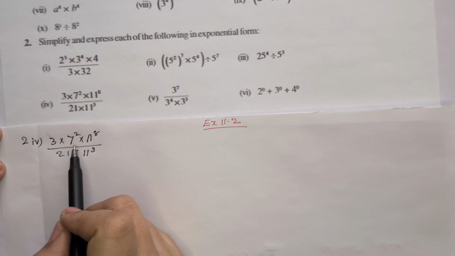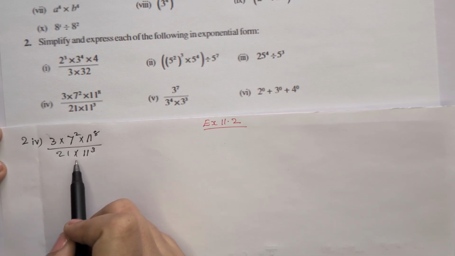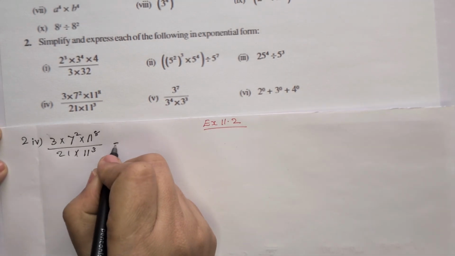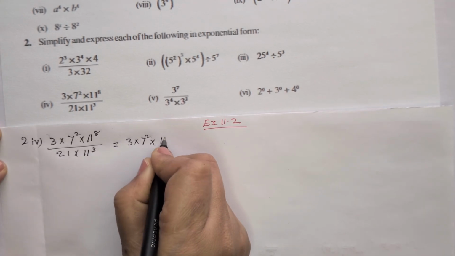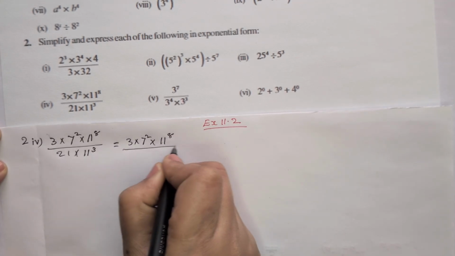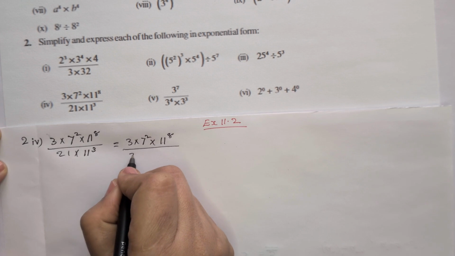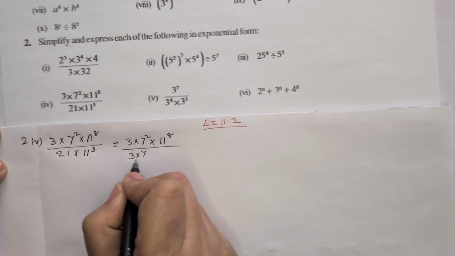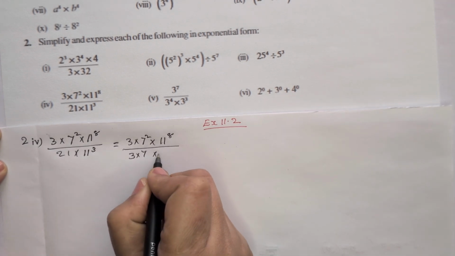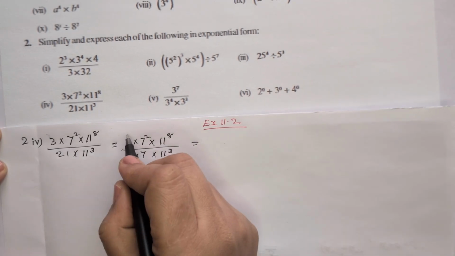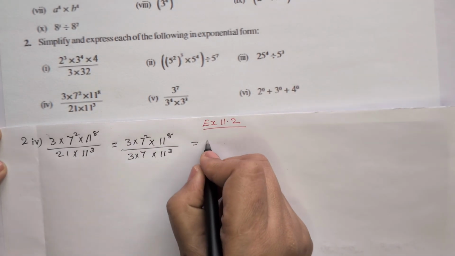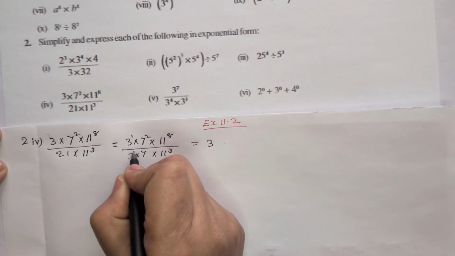Fourth one, 3 into 7 square into 11 raised to 8 by 21 into 11 cube. This we can write as 3 into 7 square into 11 raised to 8 divided by 21. We can write 21 in terms of prime numbers as 3 into 7, into 11 cube, which is equal to, when we take 3, here 1, this also 1.